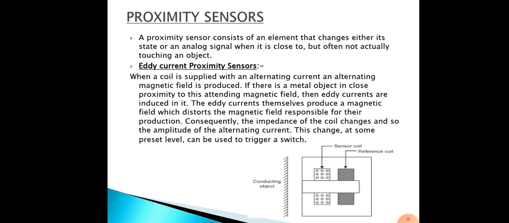In the diagram, there is a coil and a metal object. When the reference coil is given current, the magnetic field is produced, and an eddy current is induced in the metal. Advantages: small in size, relatively inexpensive, high flexibility and high sensitivity.